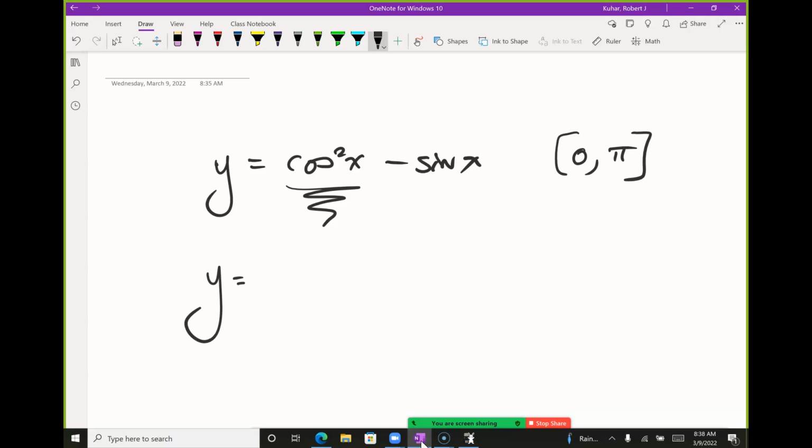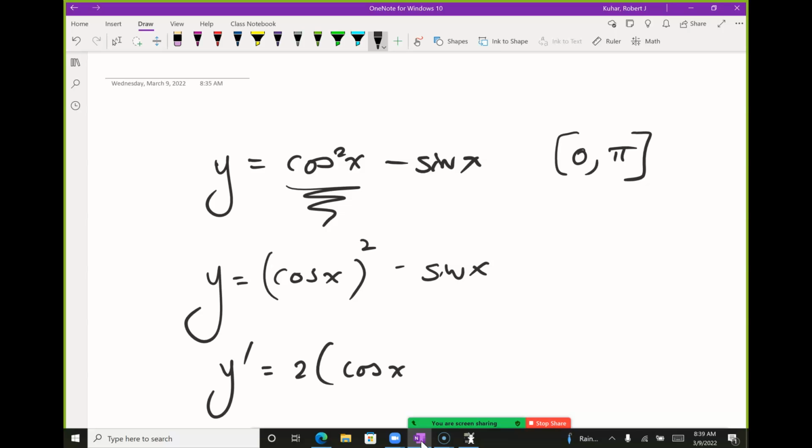It might be better if I write it like this. Those two, cos squared of x and cos of x quantity squared, mean the same thing. You can see that the big picture here, the outside function is a square. So when I go do y prime, I have to do 2 times the derivative on the outside and the original on the inside.